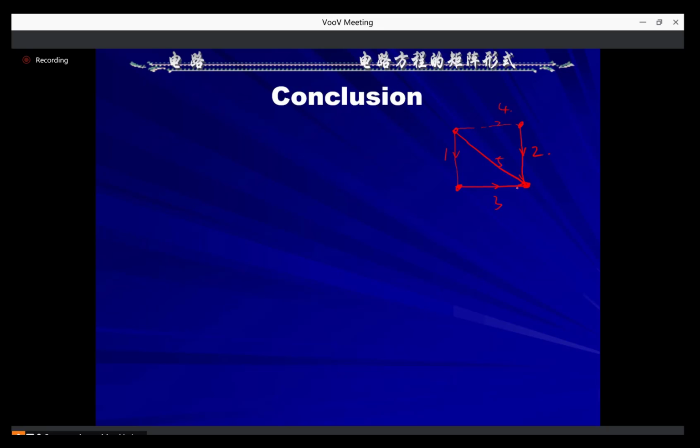So for this circuit, we assume this node 1. Sorry, this node 1, this node 2, this node 3. For this circuit, we draw the Q: 5, 2, 3.